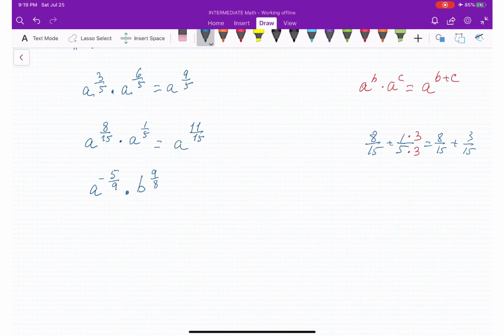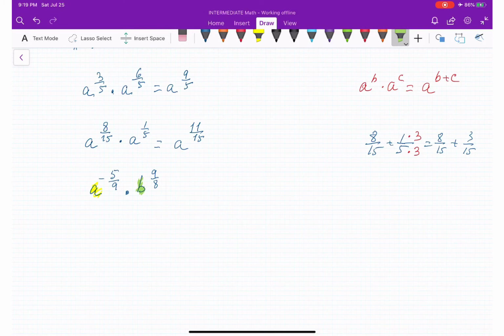Well, what do you think we can do here? We have different bases. We have base A and we have base B. Can we combine them? No, of course not. Because here is A and here is B. So we cannot do anything.